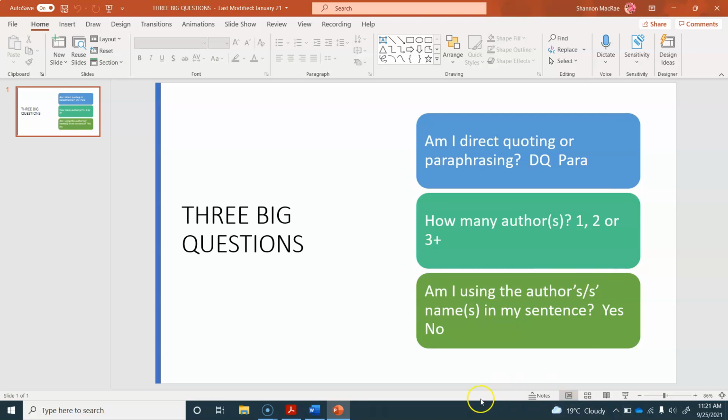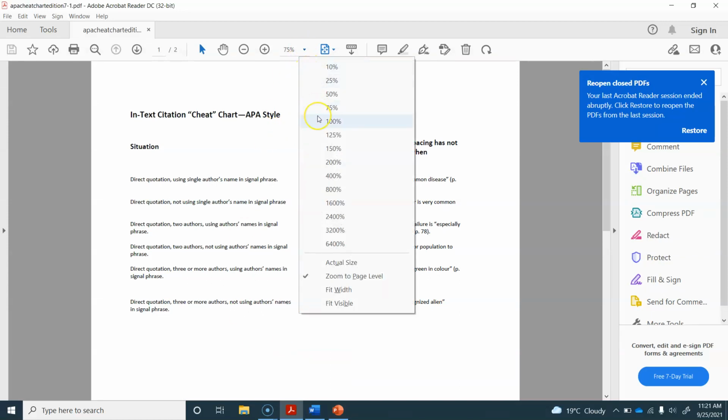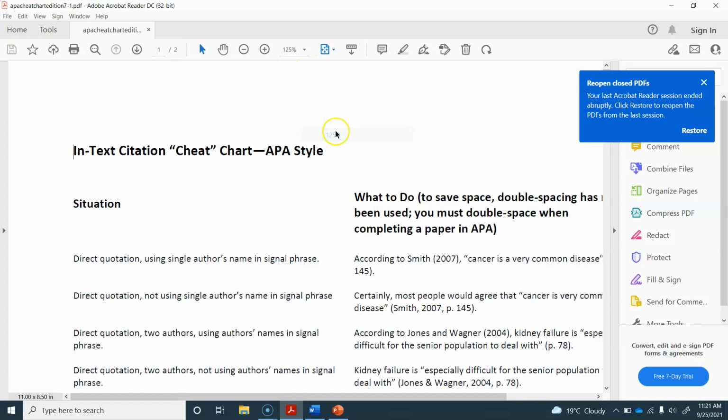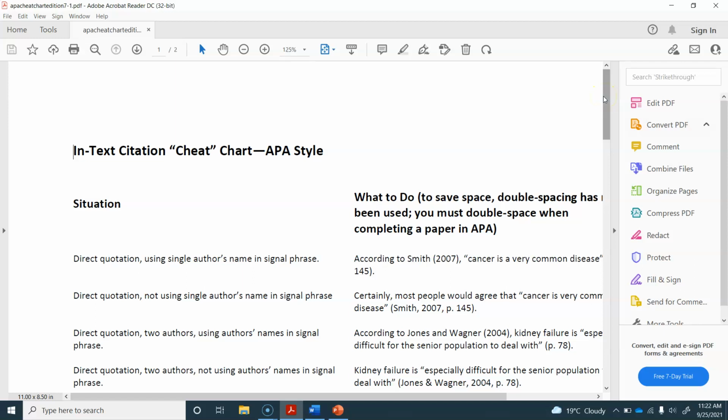Okay, so let's take a look. The cheat chart that I've created for you is really handy because it breaks down all of the different scenarios that you're going to encounter. I will warn you, it is a little bit dry to follow, but it is really, really important, okay? So the cheat chart is there for you to download in the week 4 folder, and you can use it as you're constructing your own sentences with in-text citations.